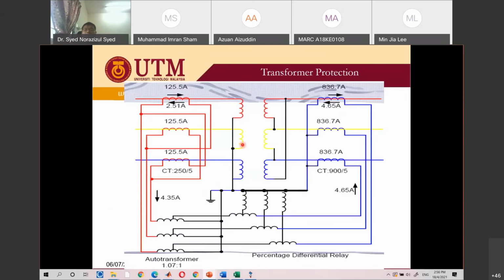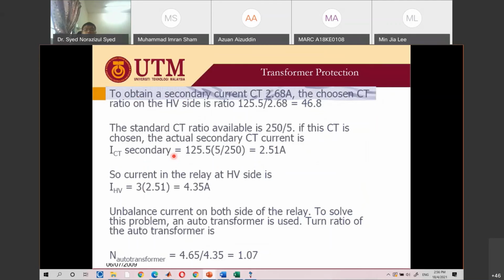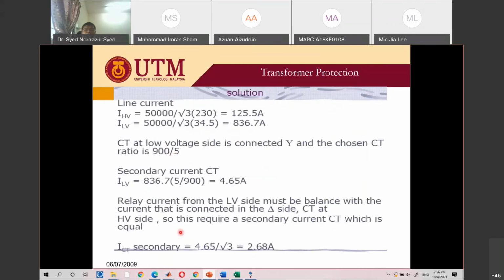Since at this side for the CT you use the star, and this part you use a delta, you have to choose cert3. So for ICT secondary you need to divide by cert3, because it's a delta at the primary side. So it's equal to 2.68 amp.